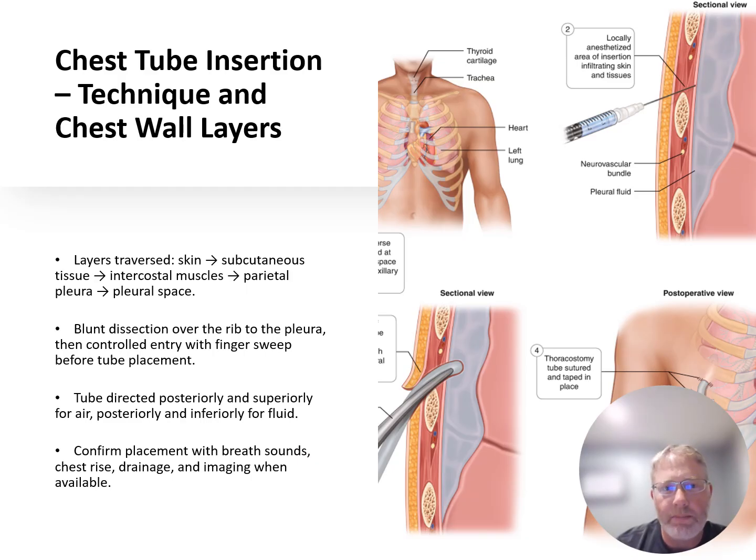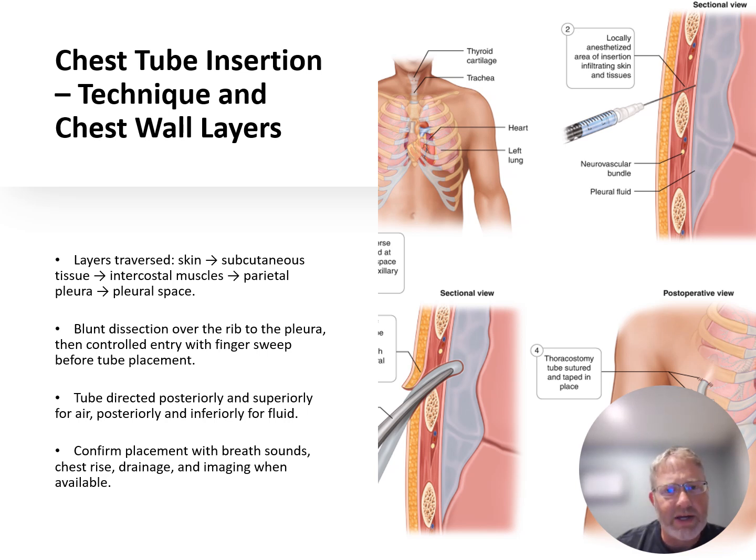Whether or not you're the one placing the chest tube, understanding the technique and the layers helps you to recognize and manage any problems that might arise. The tube passes through the skin, through the subcutaneous tissue, through the intercostal muscles, and through the parietal pleura into the pleural space.